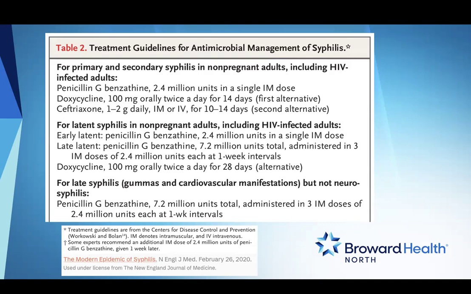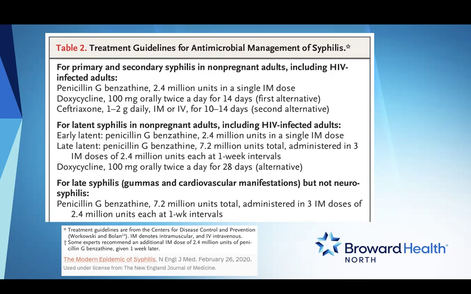Even people getting anaphylactic shock to penicillin will be one of the ones you might consider after desensitization. But for sure penicillin G is the drug of choice. For latent syphilis in non-pregnant adults, once again we have the same thing: a single dose IM of penicillin G. Sorry, that's for early, and then latent.